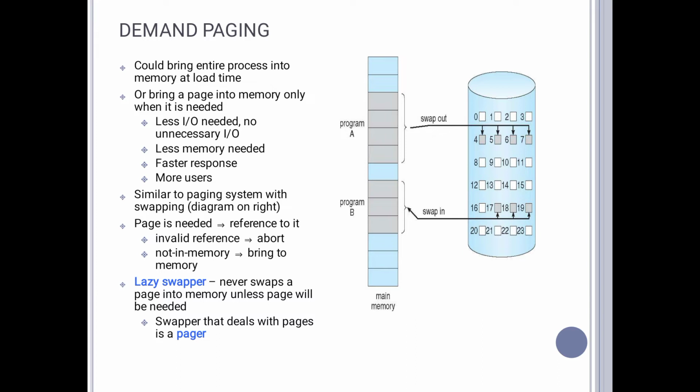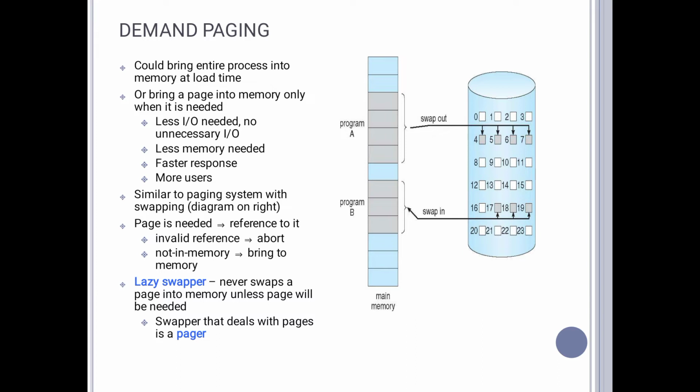Since we are now viewing a process as a sequence of pages rather than as one large contiguous address space, use of the term swapper is technically incorrect. A swapper manipulates entire processes, whereas a pager is concerned with the individual pages of a process. So we use pager rather than swapper in connection with demand paging.